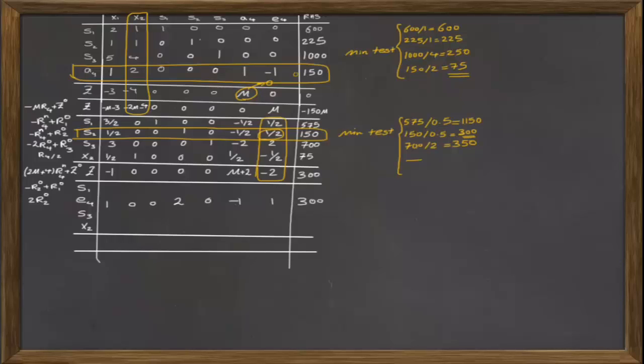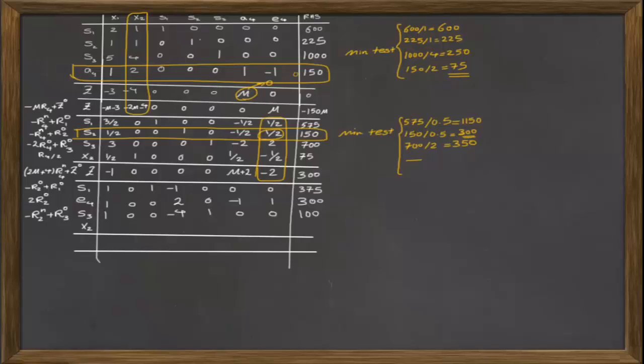So that's what I'm going to implement in here, which is -R2 in the old table plus R1 in the old table. To change the third row of the pivot column to a value of 0, we multiply the second row of the new table, which is our pivot row, by -2 and then add it with the third row in our old table. So implementing this step gives us the new third row in the next table.